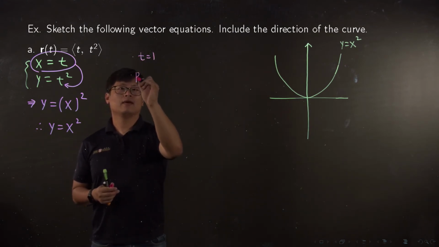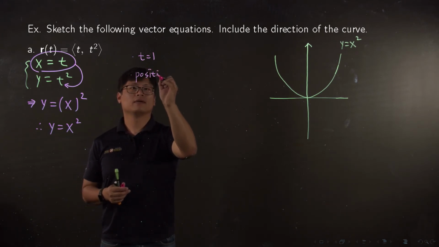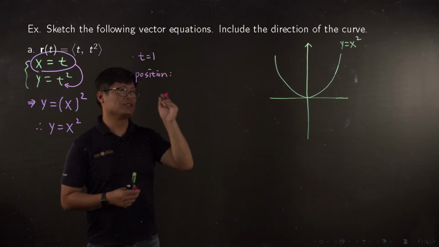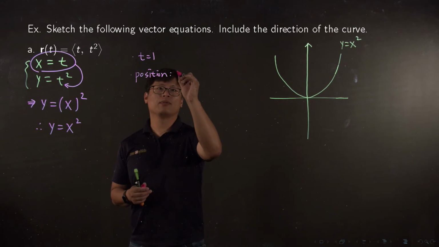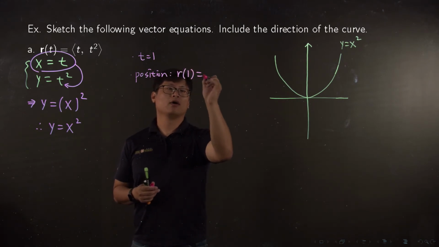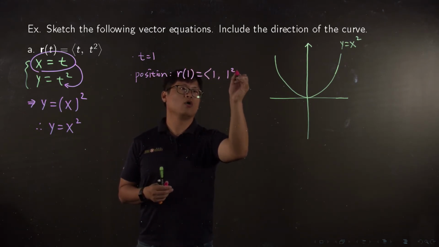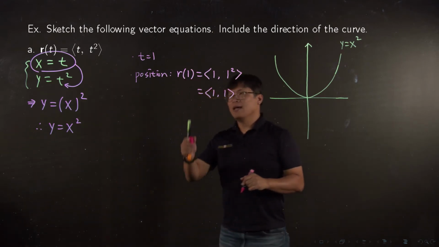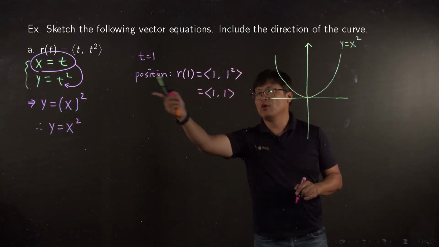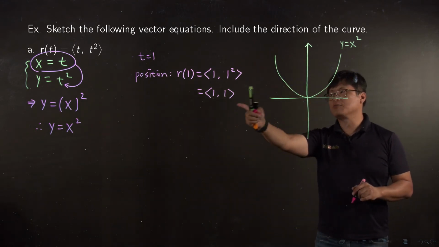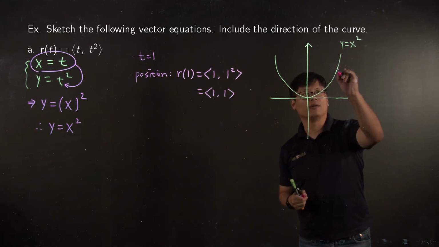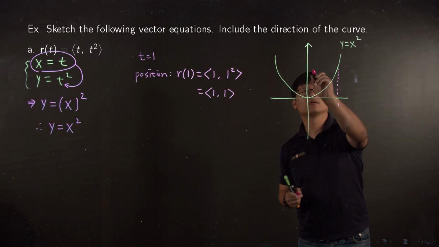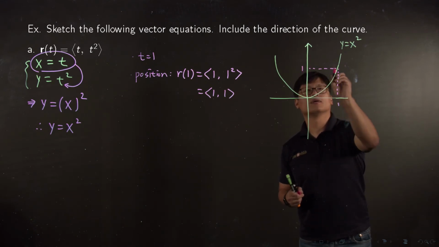Then we can find the position of the object on the graph by plugging 1 into r, which is 1 comma 1 squared. That means when the parameter t is equal to 1, your particle on the graph must be at 1 comma 1. I'm talking about this point.